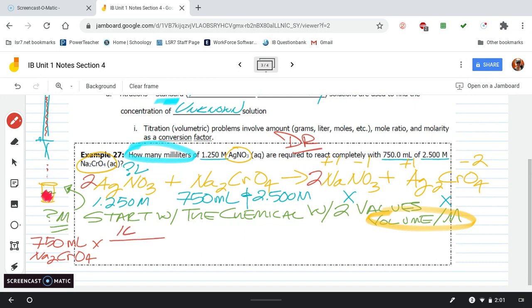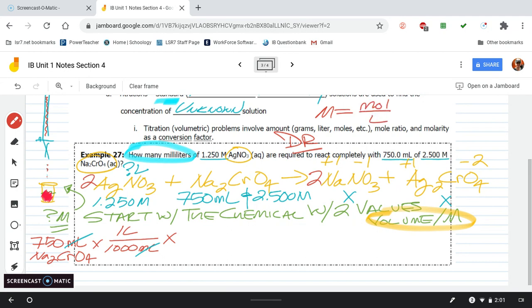So 1 liter is 1,000 milliliters. Okay, so let's do a good job with our units here. And we can see that right away I've got rid of milliliters. And so we are on the right track. Boom and boom. Okay, now this is where we're going to use molarity to help us out. Remember, molarity equals moles per liter.